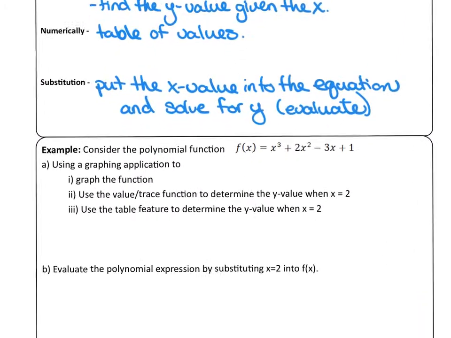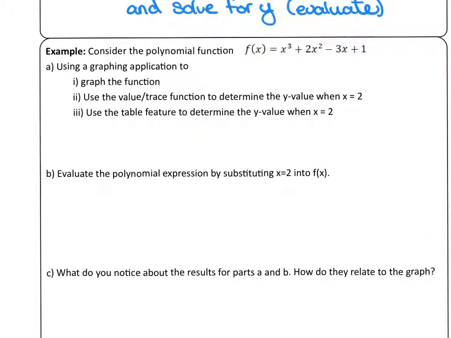So here we go. Consider the polynomial function f of x equals x cubed plus 2x squared minus 3x plus 1. Using a graphing application, we're going to graph the function. We can use the value/trace function to determine the y value when x equals 2, and use the table of values feature to determine the y value when x equals 2.